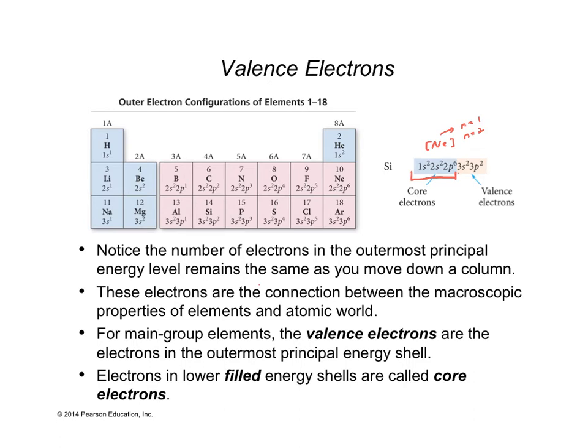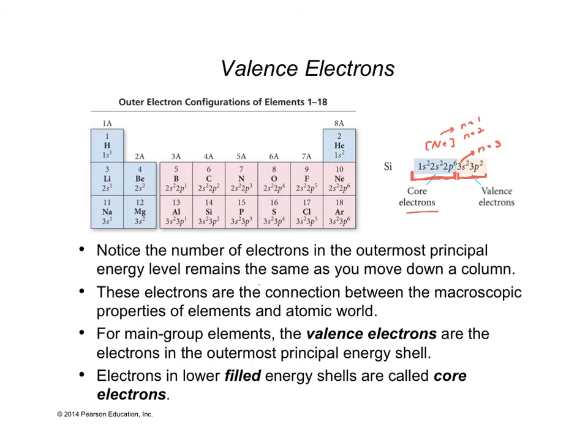We then have these electrons, which are in their outermost principal energy level, and they tend to not be filled. This outermost principal energy level is n equal to 3, and that shell is not filled. The electrons in the inner, lower filled energy shells are what we call core electrons.